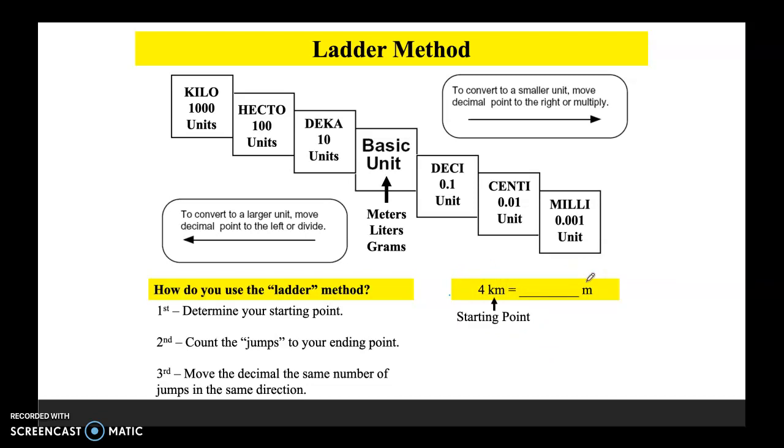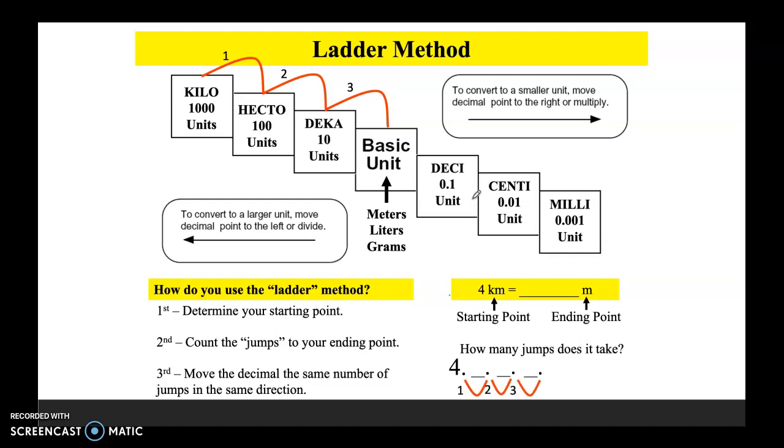Okay, our starting point is kilo. Our ending point is meter. And we want to figure out how many jumps it takes. It takes 1, 2, 3 jumps. So we go 3 to the right, so my decimal will move 1, 2, 3 to the right. So it's 4,000 meters.